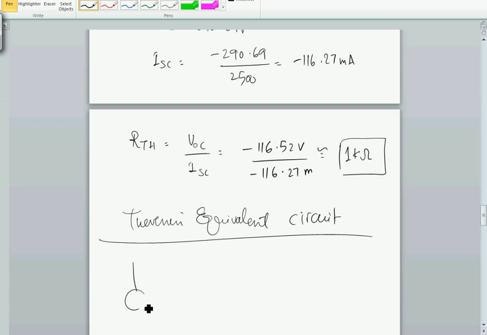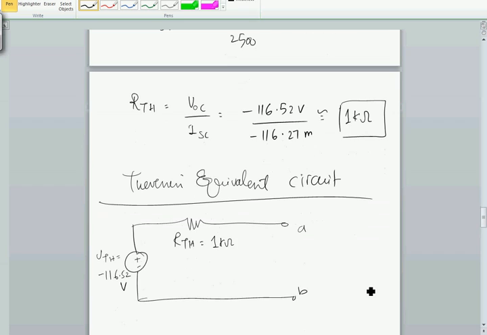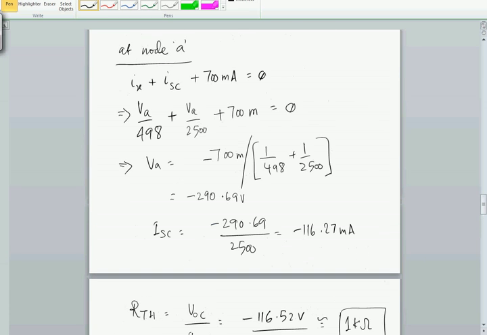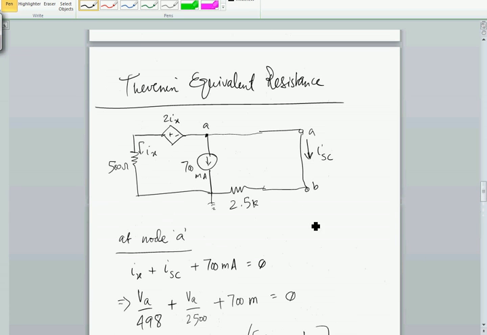It is going to be A and B. R Thevenin is equal to 1K and V Thevenin equal to negative 116.52 volt. That's it. And that's how you find the Thevenin equivalent circuit of a circuit with dependent sources.